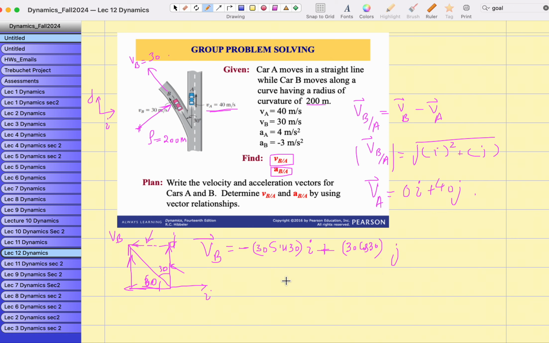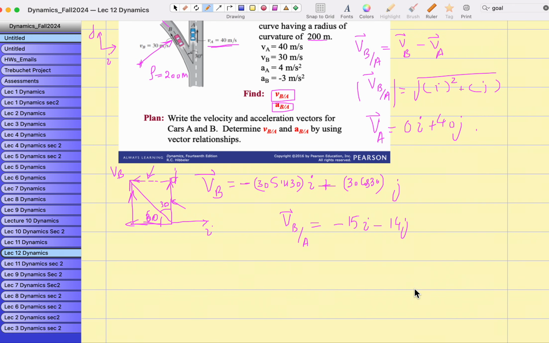And if you solve for this, you should get the answer. Let me solve for the final relative velocity, VB vector, so I can show you this would be the answer. And I will leave this to you. How is it equal to this one? It's just the math. You just have to multiply the numbers.